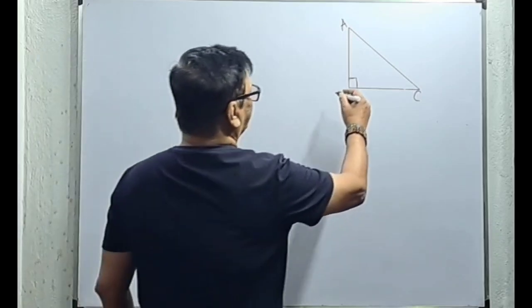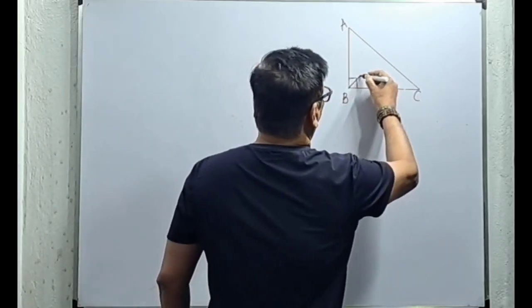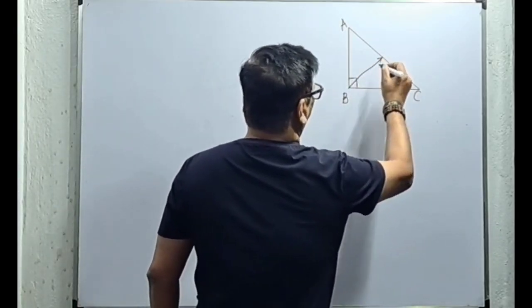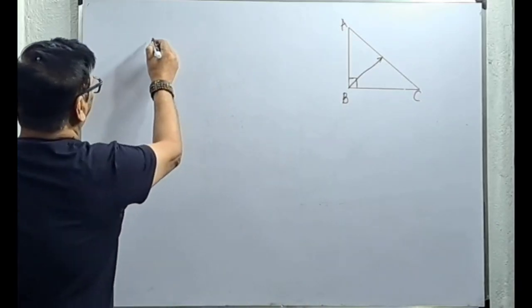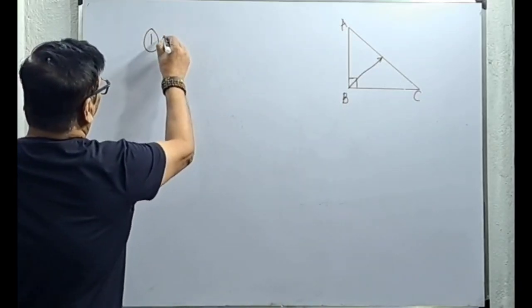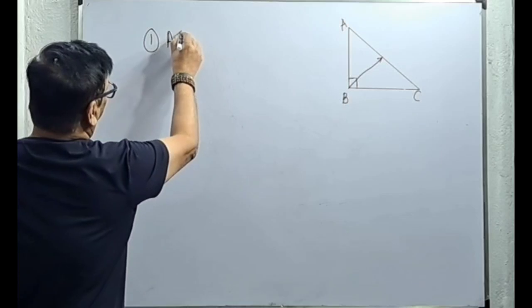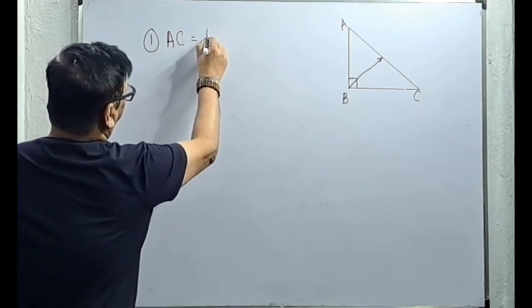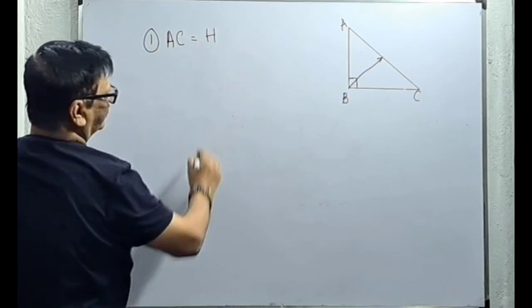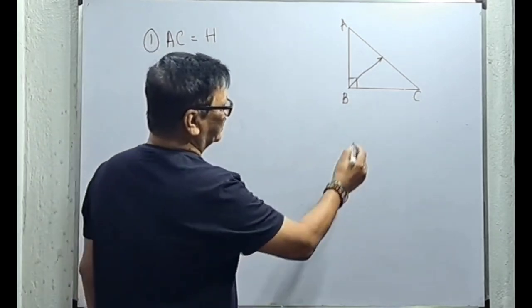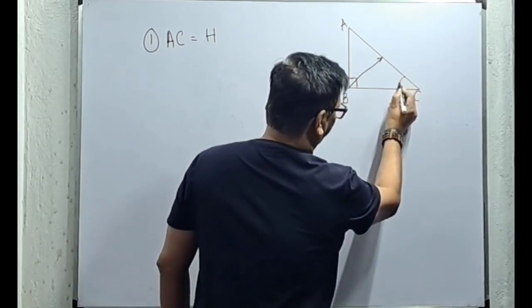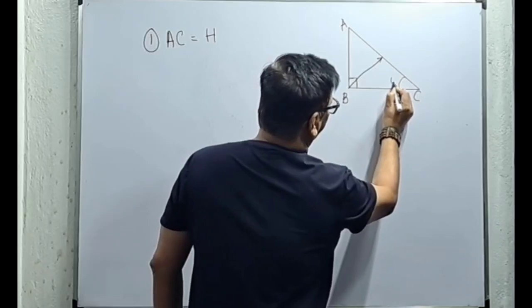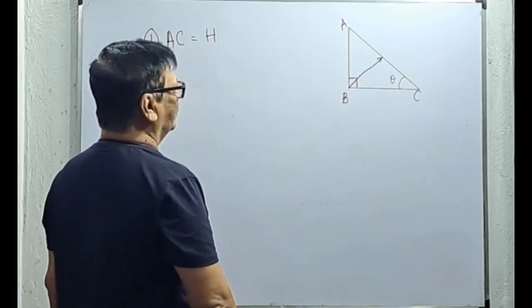So the side, this side, right? So we'll write number 1, AC is equal to H, right? The side we are considering this angle, so we call it theta, right?